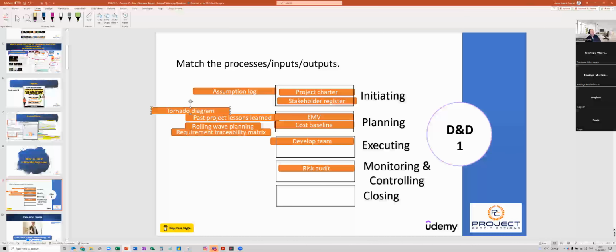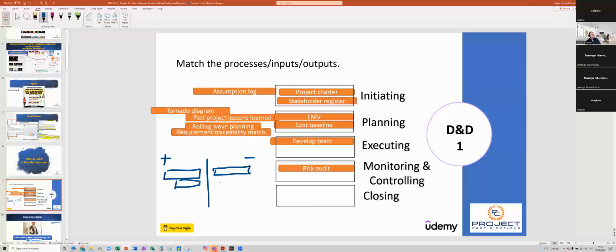Now, what does the tornado diagram look like? In the middle, on one hand I have positives, on the other negatives, and then you have some bars. These bars represent the value of your top risks. For example, this can be 100K, this is 80K, this is 50K, this is 10K, your top risks.